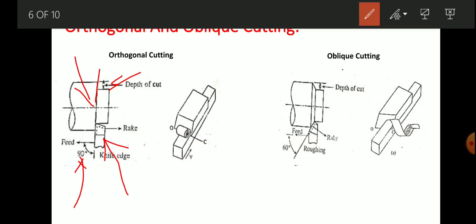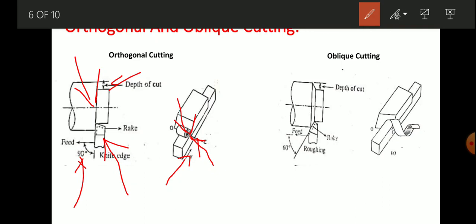The cutting edge of the tool OC is at right angles to the direction of relative velocity of the workpiece. Here we can see the relative velocity is at a right angle to OC. The chip coils in a tight spiral.